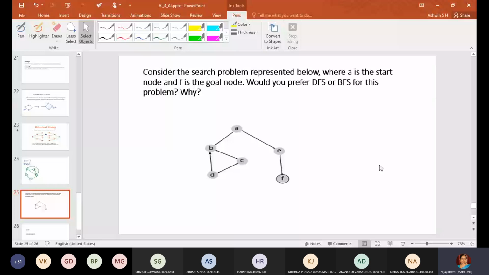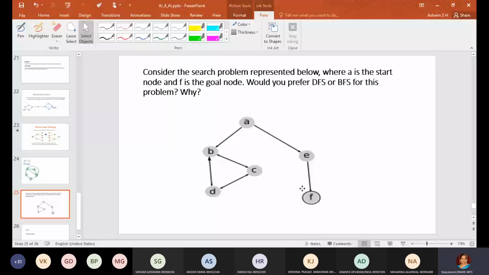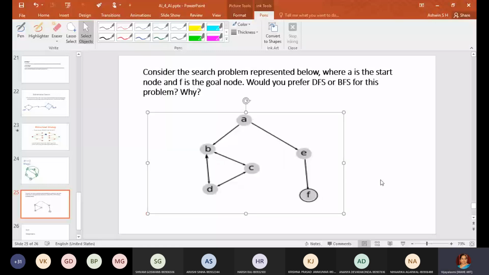I think it's from a GATE question. So, given this problem, which one would you prefer, DFS or BFS? You have to justify it. So here I think you can just try DFS and BFS.